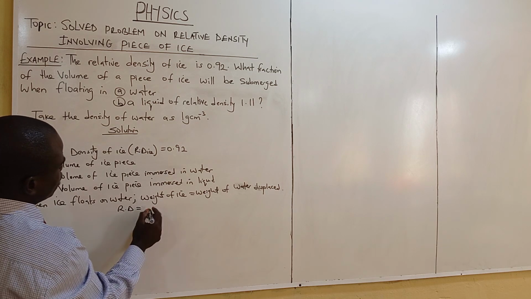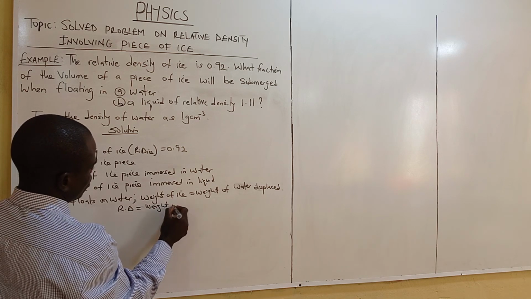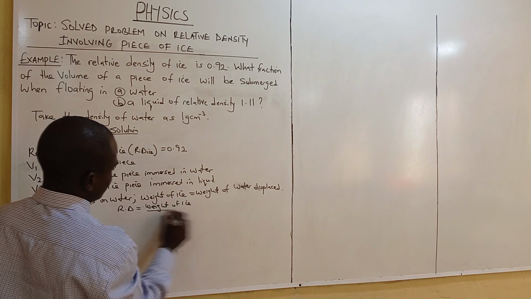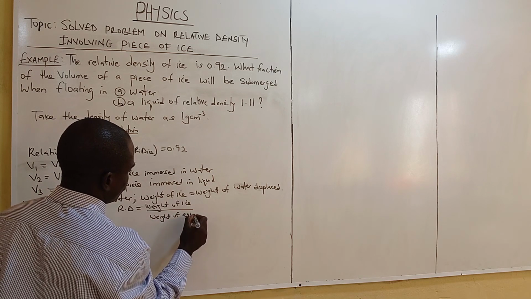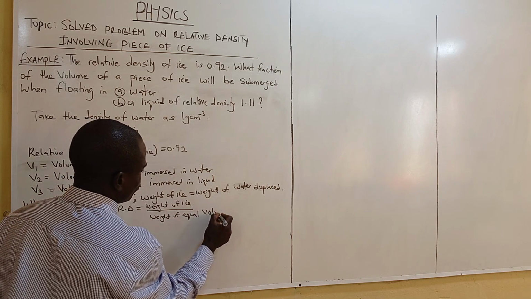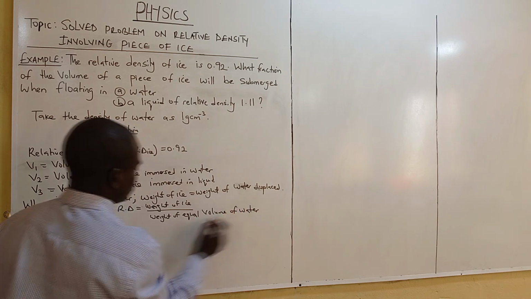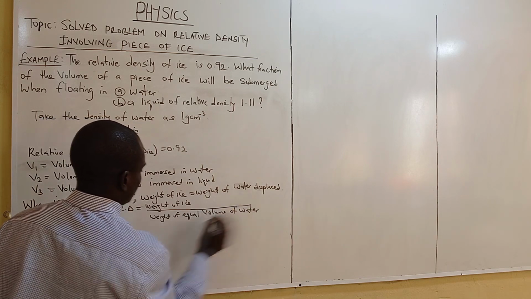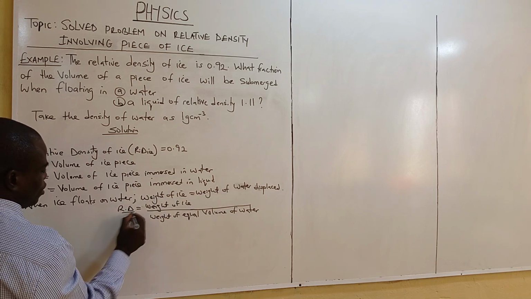If you are dealing with mass, you can say we are dealing with weight of ice over weight of equal volume of water. That's the formula.